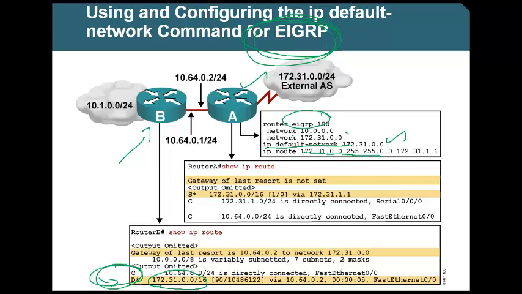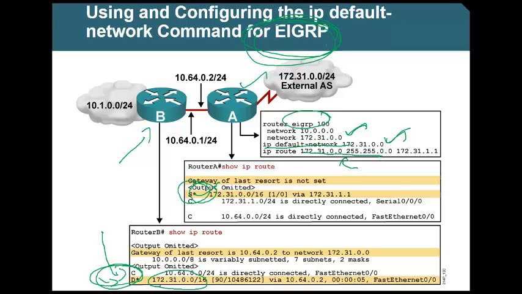That's the key. We have defined a network, the ISP's network, as a default network. We have a static route for that ISP, and we have advertised that default route under EIGRP. So EIGRP says this network that I am advertising from router A is a static default route. Because it is a default static route, for us it will be a default EIGRP route, D star.